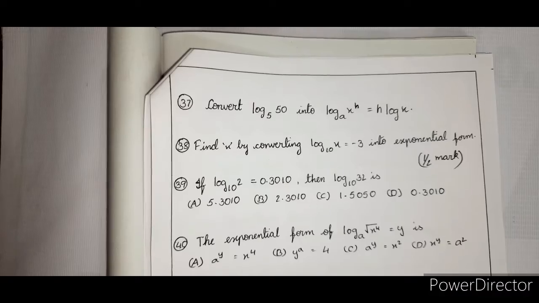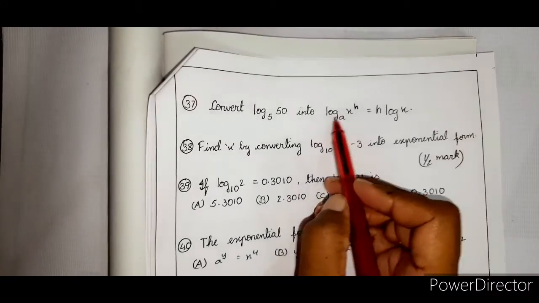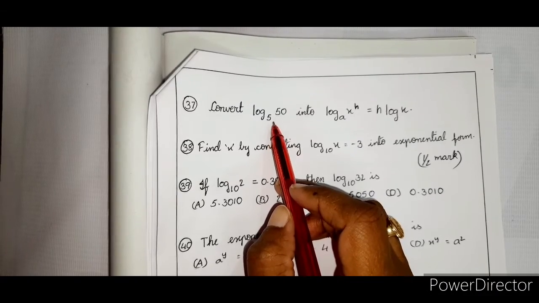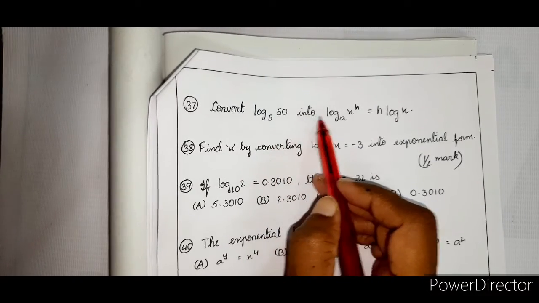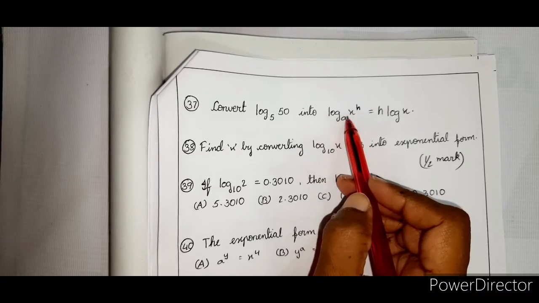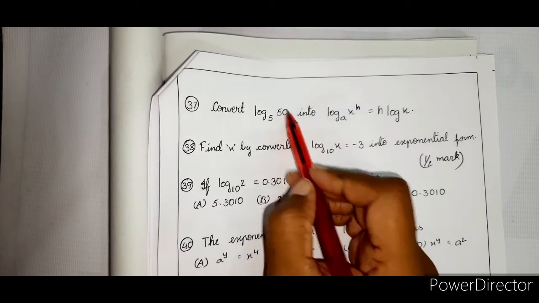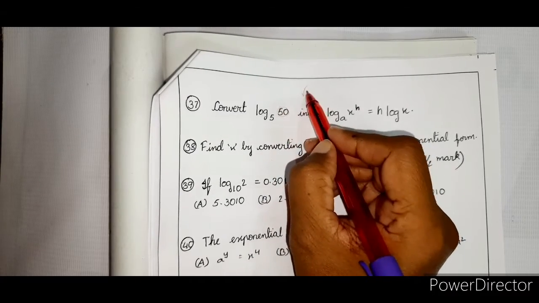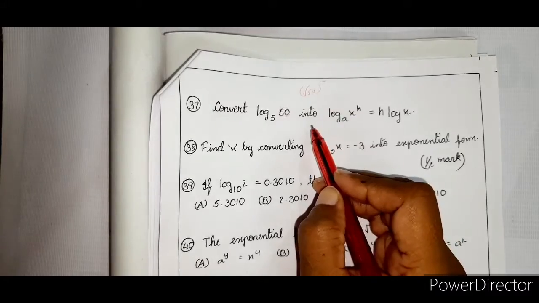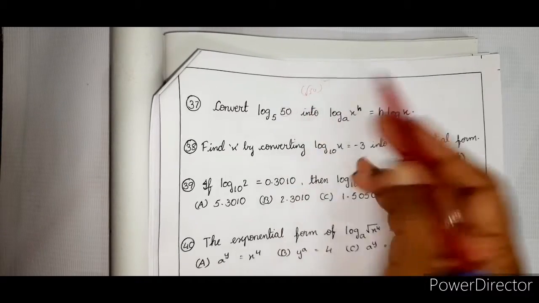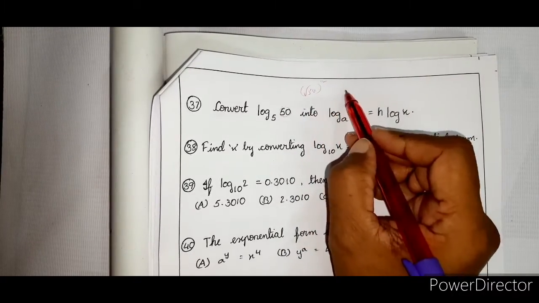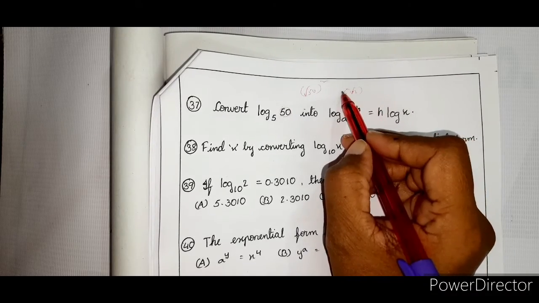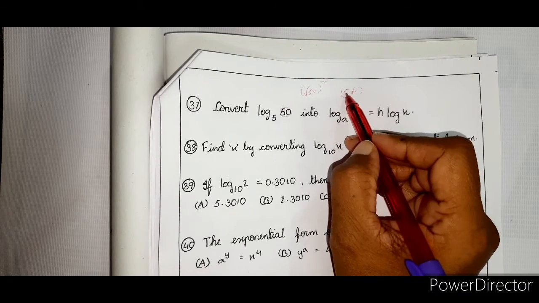Next, the 37th one. It looks different but is not much. Here he is saying log root 50 base 5 is given, and he is asking to convert it like this. So I will write 50 as root 50 whole square, right?